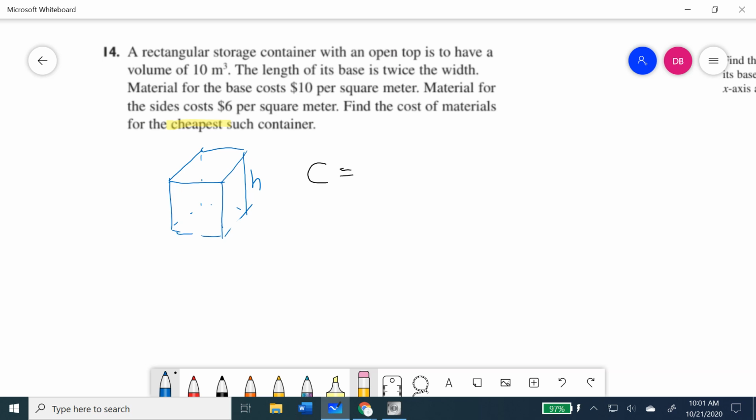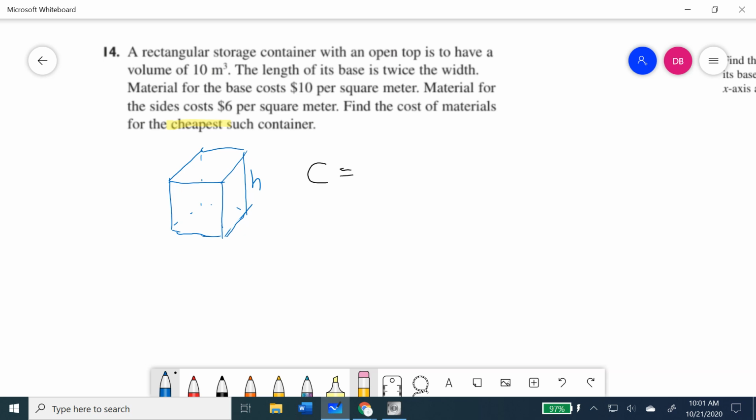The volume formula will have to come into play. When I go over the problems, I try to start with what I'm optimizing and then go grabbing for other formulas, but you don't have to go in that order. You can just start throwing the formulas out in any order and eventually bring it together.